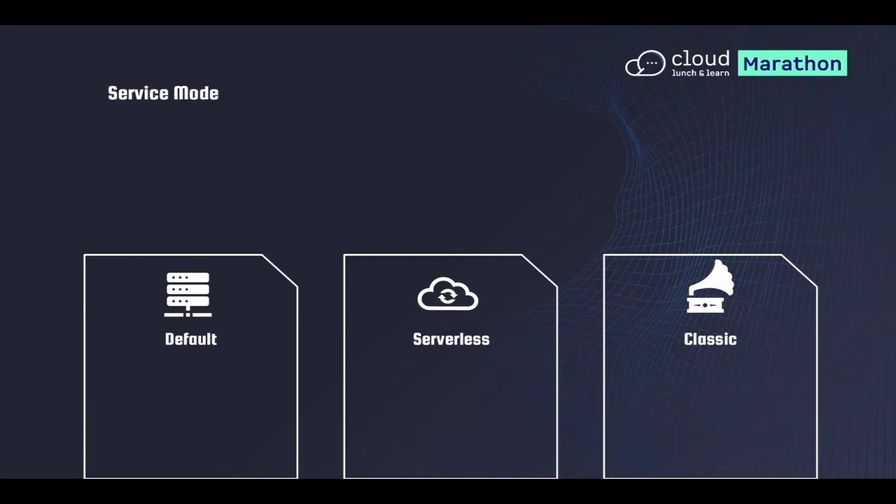Please consider that in default mode, a client connection sits on a hub server and the client uses the same hub server during its lifetime. But in serverless, there is no server stickiness or connection routing as there is no server. In classic mode, the connection mode is decided by whether there is a hub server connected to the service or not. I can say this is like a mixed mode.